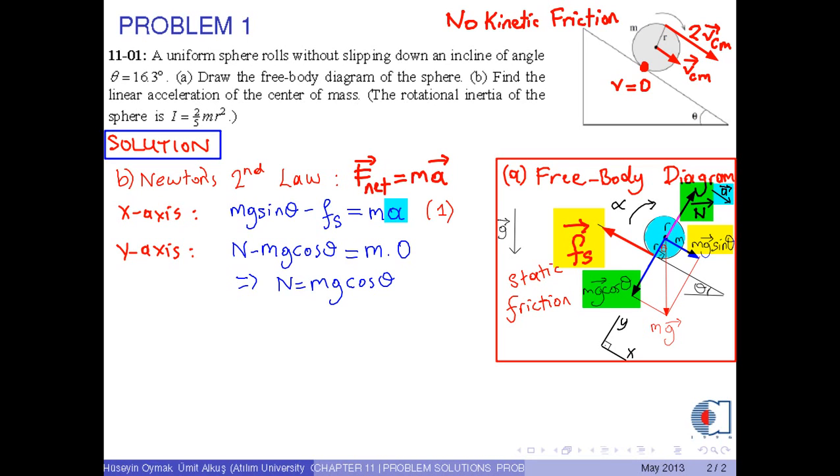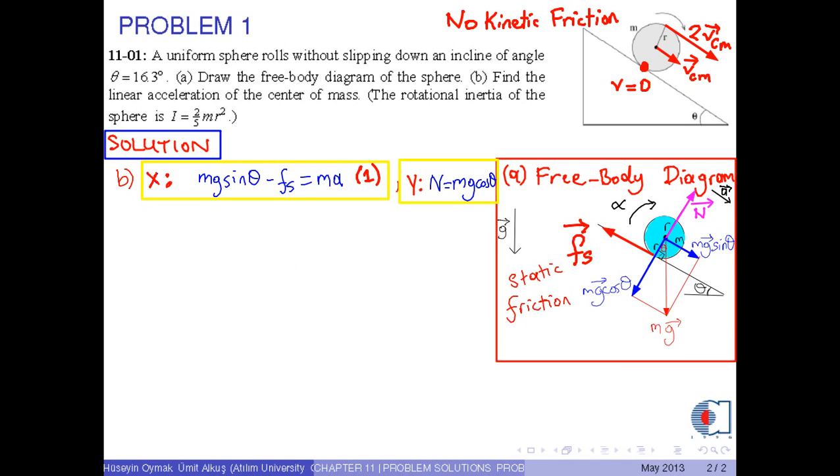In order to find an expression for a, we find the torques on the object. The torque due to the gravitational force, that is tau mg, equals r times m g times sine beta. According to the configuration, beta is 0.